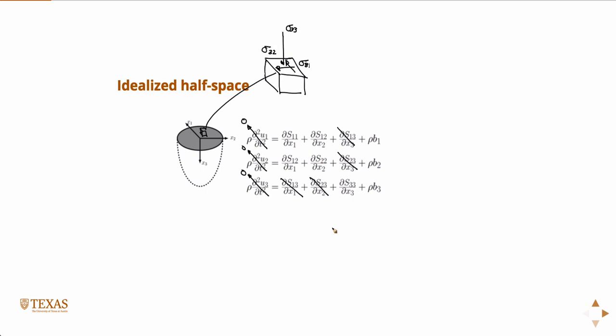Now, our principal stresses must be orthogonal, right? They make a right-handed coordinate system. So there's no possible way to draw a right-handed coordinate system in any way. Yeah? Not necessarily.